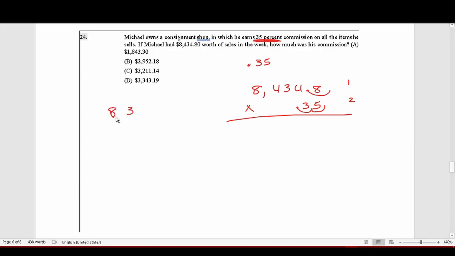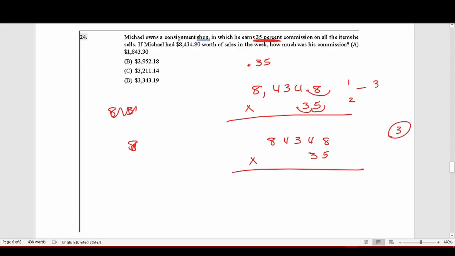I'm just going to write it right under it since I don't want to run out of space. 8,434.8 times 35. And remember, we moved a total of 1 plus 2, 3 decimal places. So at the end, we'll add 3 decimal places back in from the right.